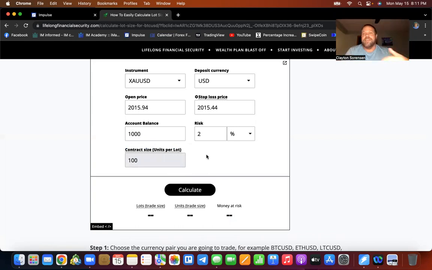Another thing is finding what your contract size is, which is to actually open up your MT4, MT5, whichever one you want. It doesn't matter if it's on Android or on your iPhone. Open it up and you're in your quotes.